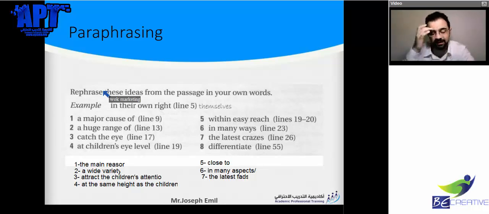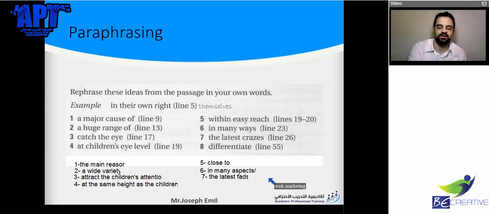Things like the ALS Ice Bucket Challenge or the Harlem Shake only last for a month or so. And sometimes these fads are associated with buying certain products. So these companies start a fad to market a product.